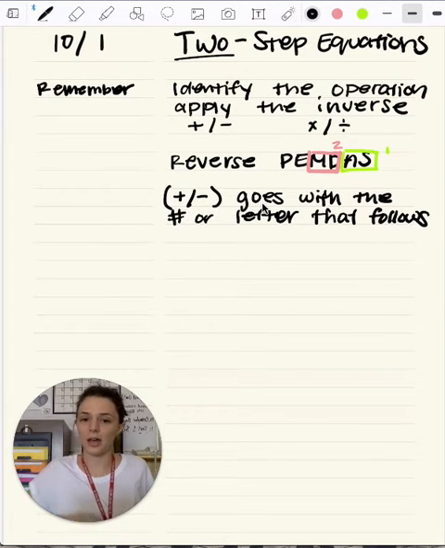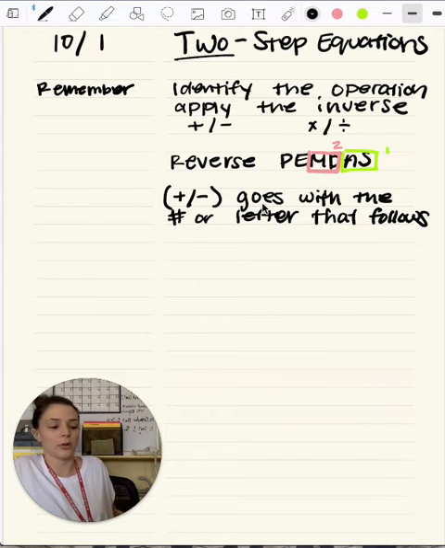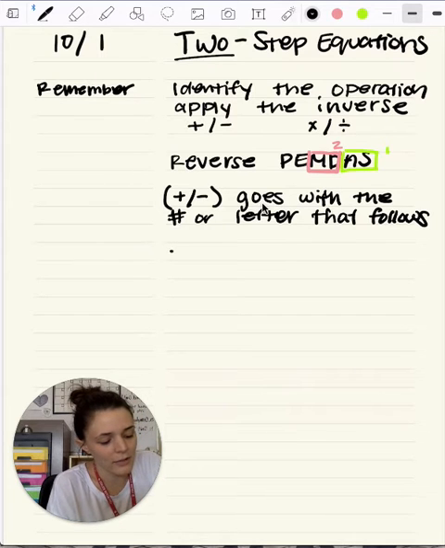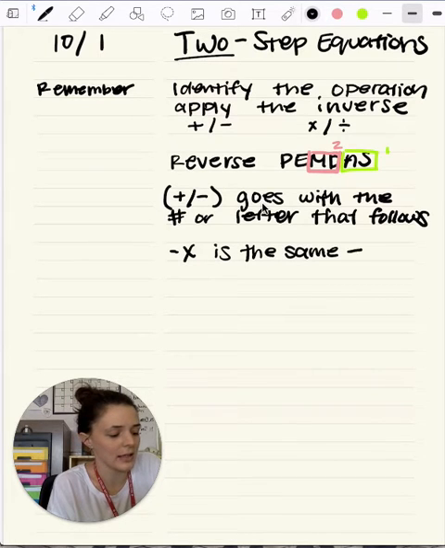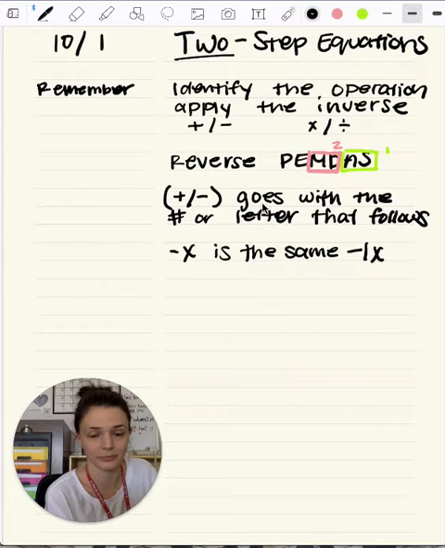So what we mean by that is that the sign is always out in front of the number or letter that it goes with. And the last thing is if you have negative x, that's the same as negative 1x. And negative 1x means negative 1 times x.